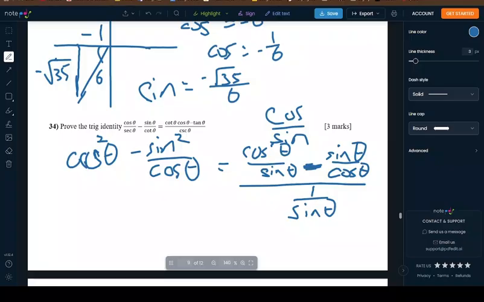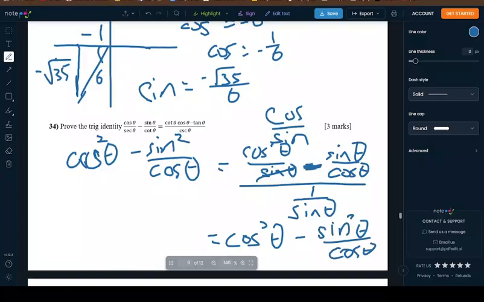When you have everything multiplied by sine theta, it's actually easier. So this multiplied by sine theta is just cosine squared theta. And that is going to give us negative sine squared theta over cos theta.